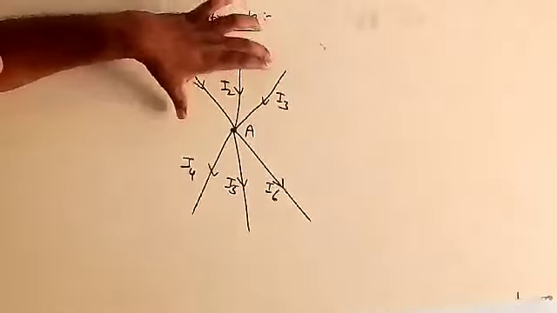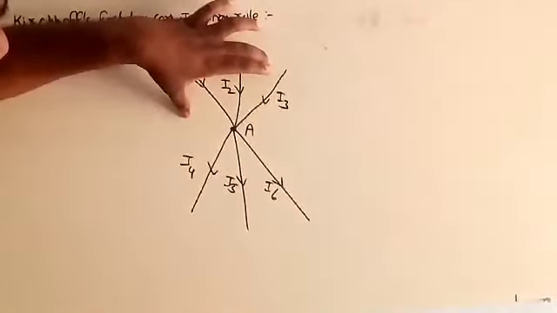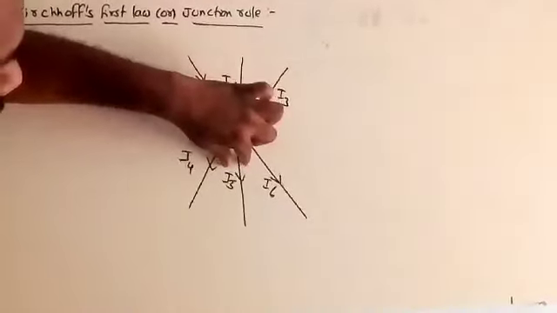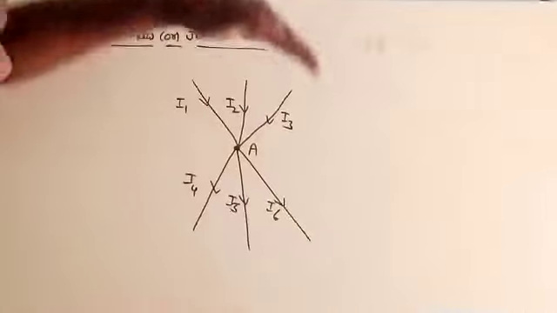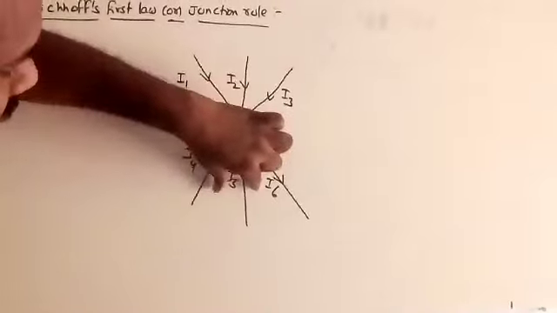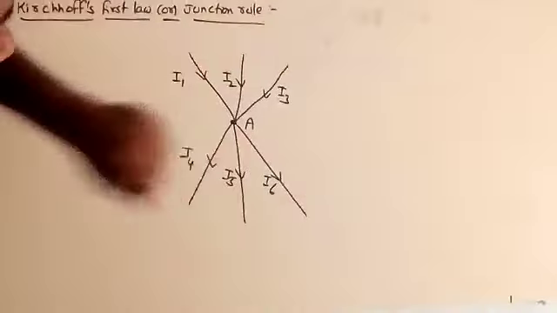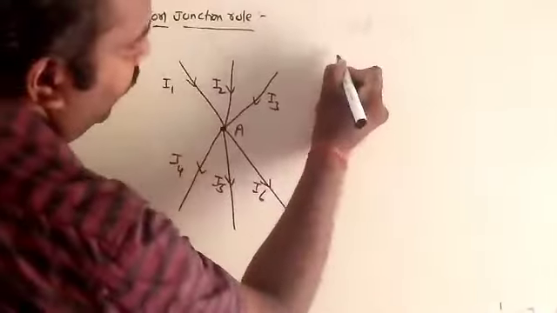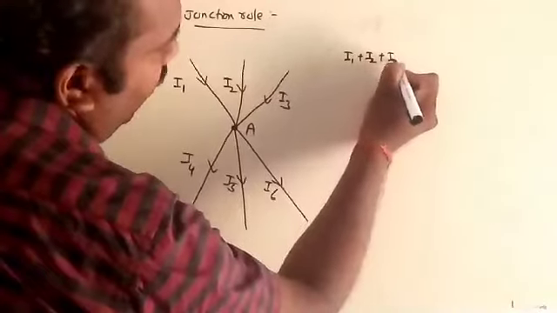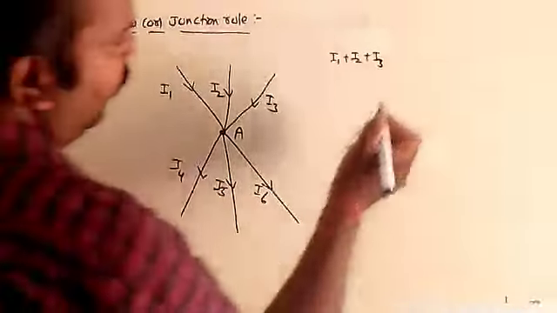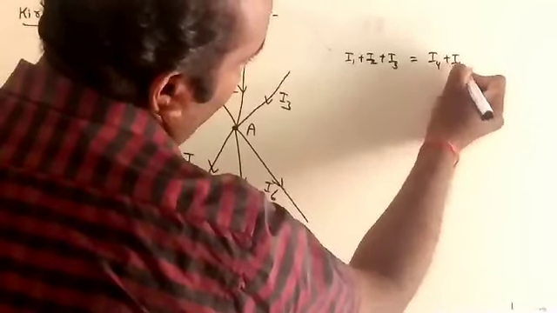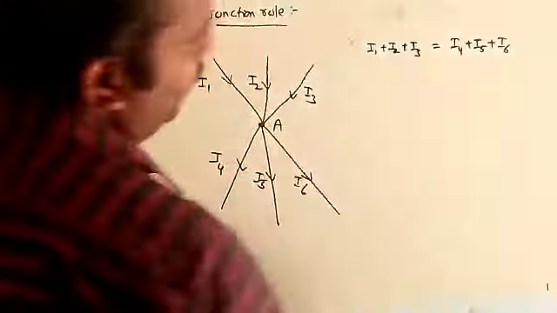The algebraic sum of the currents entering the junction is equal to the algebraic sum of the currents leaving the junction. Now see here which are entering: I1, I2, I3. These three currents are entering, and which are leaving: I4, I5 and I6.